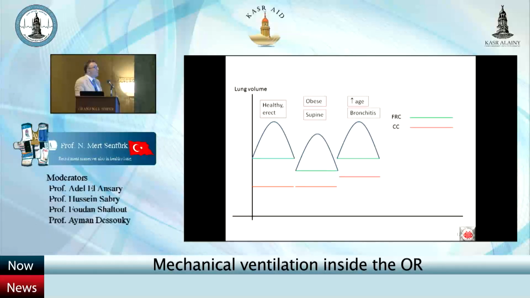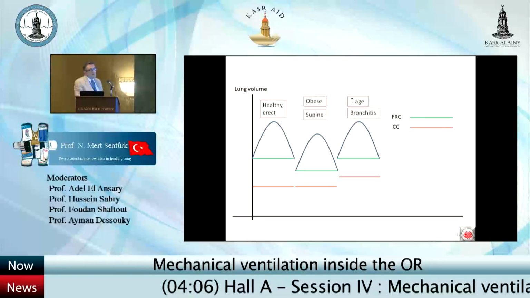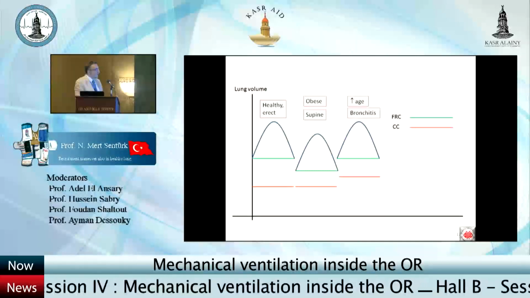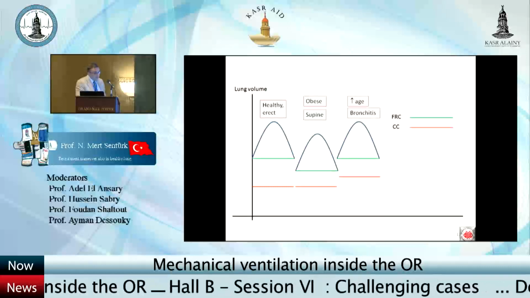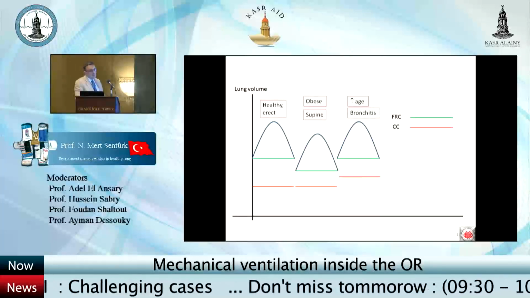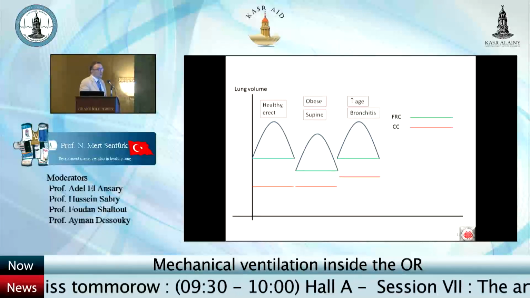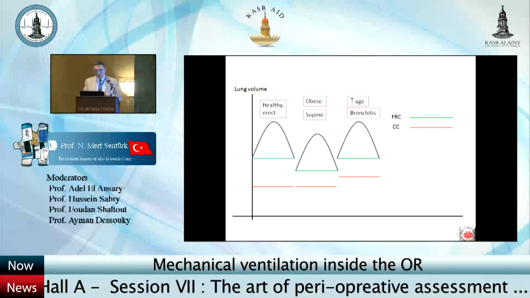With a combination of an obese patient and an old patient, even without general anesthesia, you can have the closing capacity above the FRC. And if we add the effects of muscle relaxation to this, you can have the closing capacity obviously above the FRC. Therefore, you need to do something to bring the FRC again above the closing capacity.